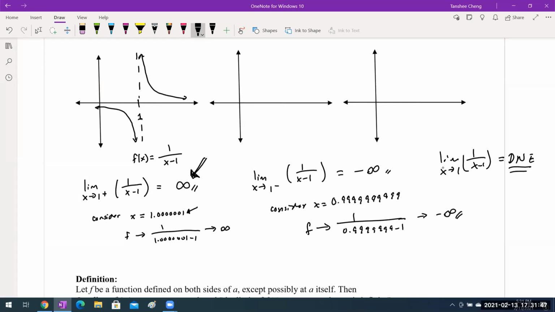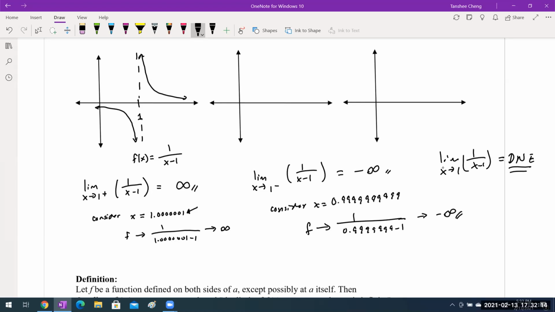Don't get the wrong impression that by writing infinity, the limit is infinity. No. Okay, no. That's a very important part that you need to understand, right? So we can only talk about the direction the limit is trying to go if I approach 1 from the right-hand side, or if I approach 1 from the left-hand side.